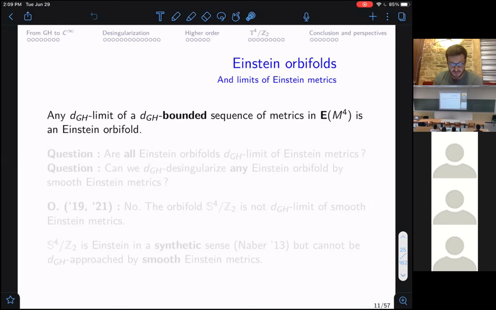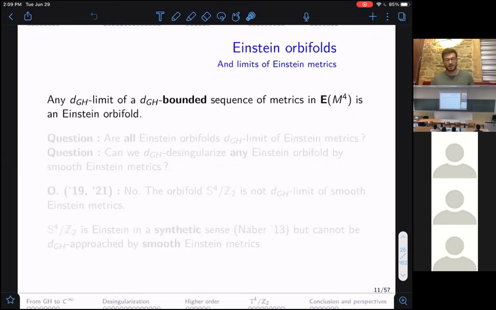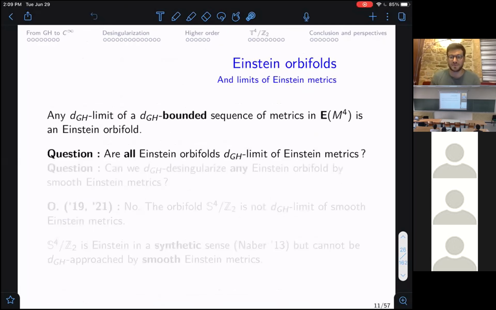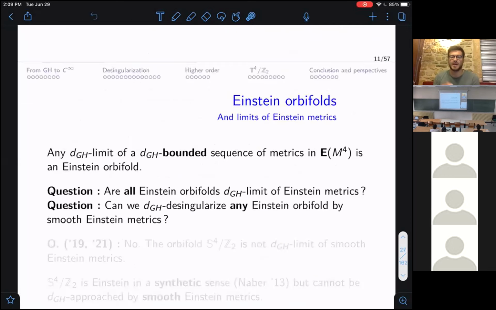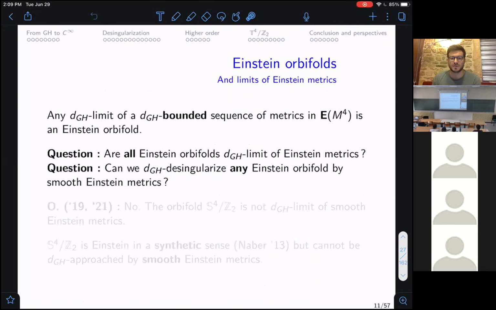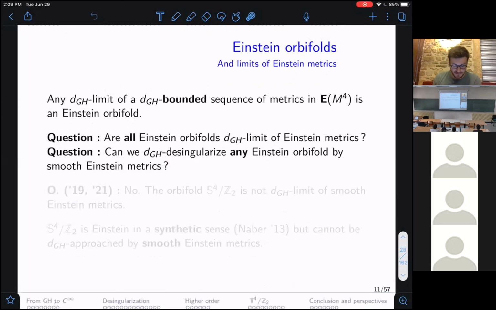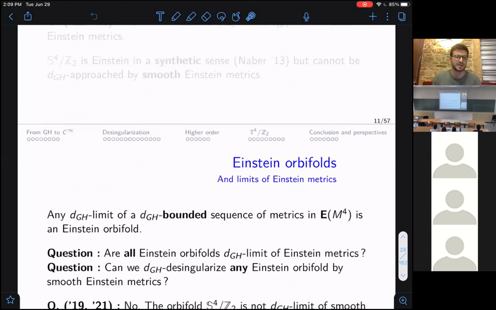And the natural question is the converse: are all Einstein orbifolds limits of Einstein metrics? If you reword it, it becomes: can we desingularize every single Einstein orbifold? That would be our question here, and that's an old question. And this year I finally answered it.